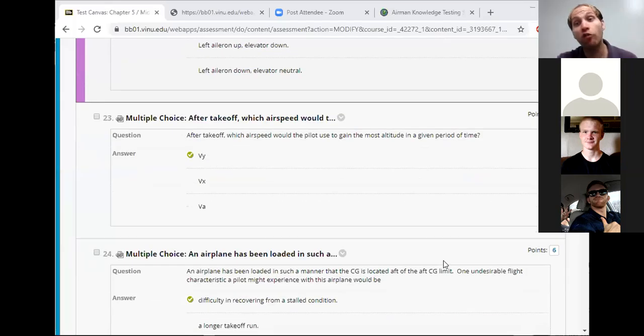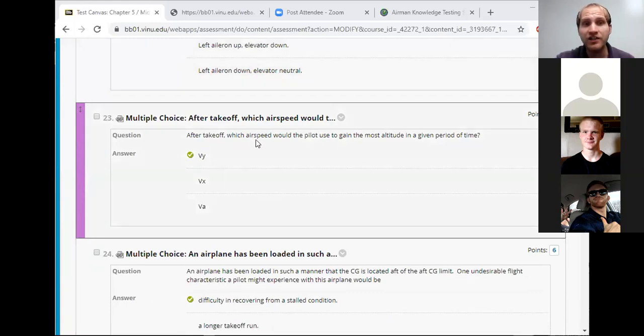I saw multiple people missing this question. After takeoff, which airspeed would the pilot use to gain the most altitude in a given period of time? That's VY. Why is it VY? Because of the word time: the most altitude per unit of time is VY, best rate of climb.